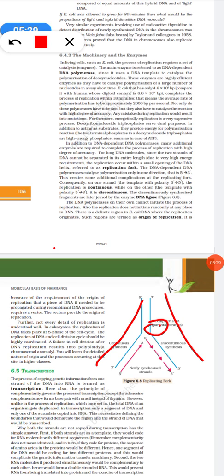The DNA dependent DNA polymerase will catalyze only in a single direction.